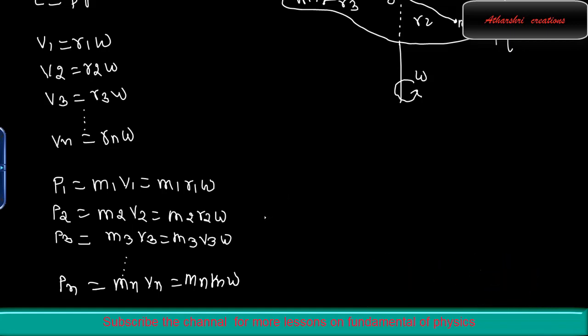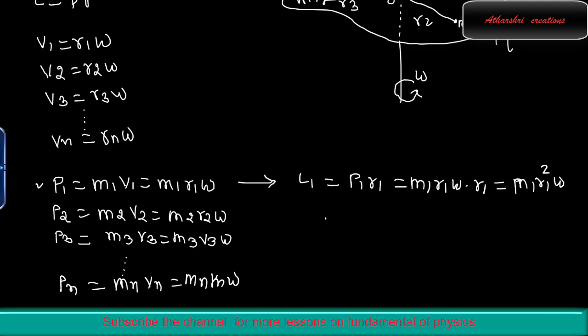Its angular momentum is, the linear momentum of the first particle is P1. Angular momentum of this particle is L1, which is equal to P1 into R1, which is equal to M1 R1 into omega multiplied by R1, which is equal to M1 R1 square into omega.